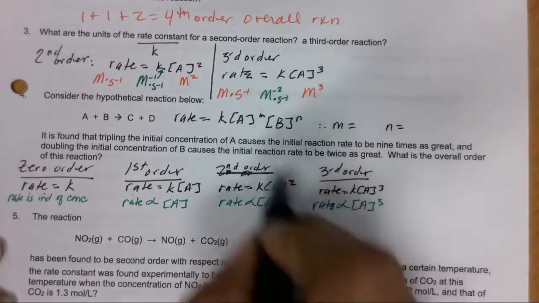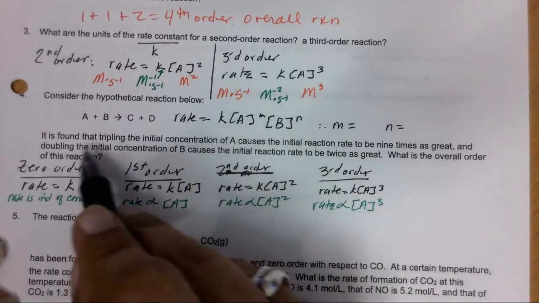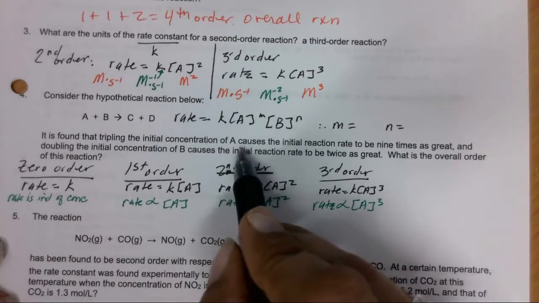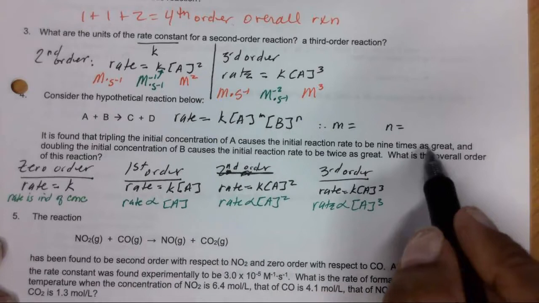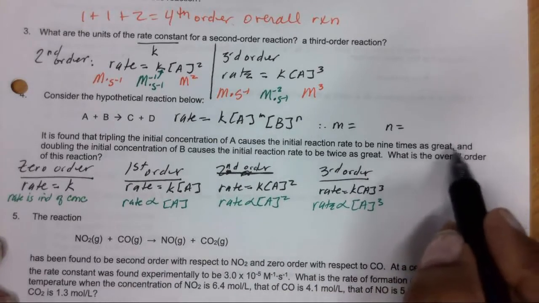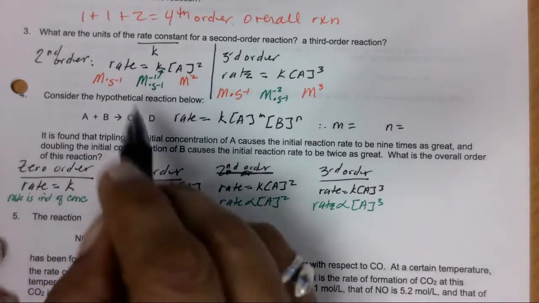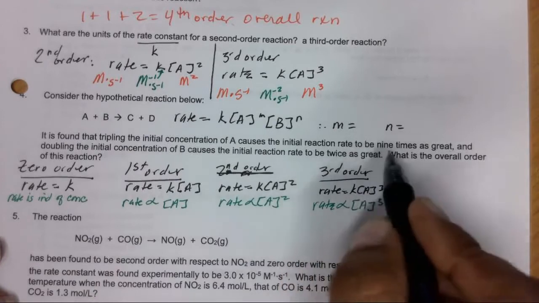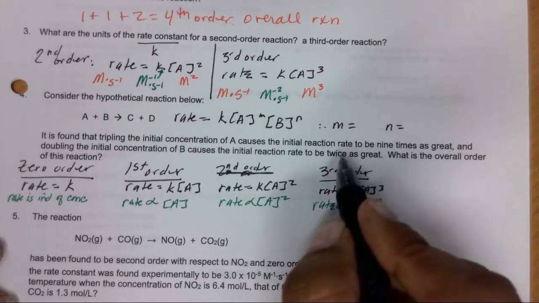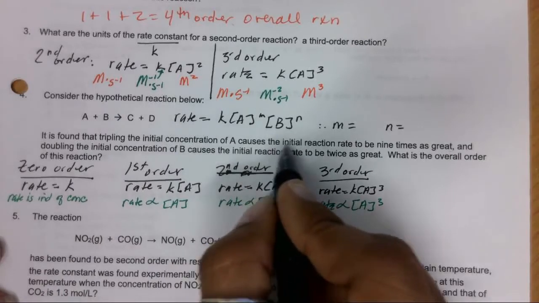All right. So if we triple the concentration of A, and the reaction rate is 9 times faster, great. We tripled the concentration of A, right?